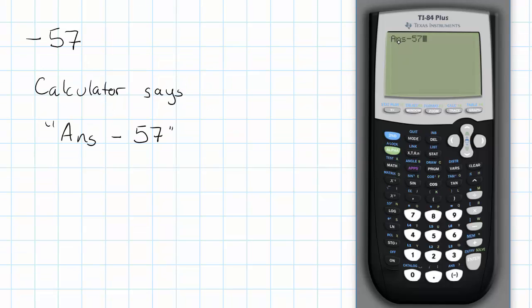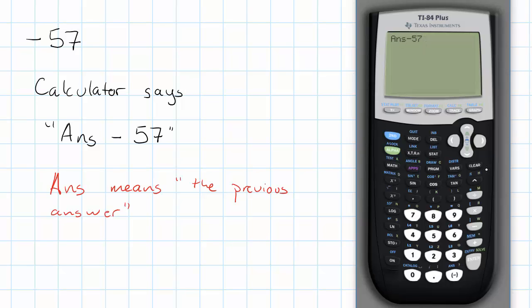This ANS refers to the previous answer. So if I were to enter 4 plus 5, that's 9. And then hit minus 57. Well, the calculator is going to work out 9 minus 57. That's not what we want.